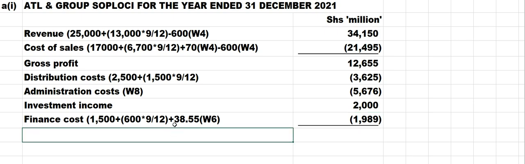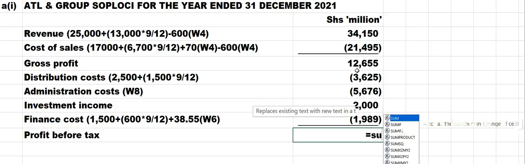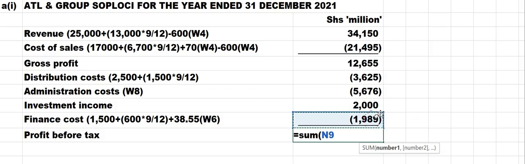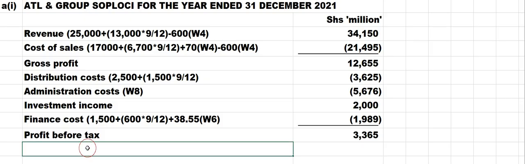So we can get our profit before tax. That's my profit before tax, 3,365 million. Then we can bring the tax expense.